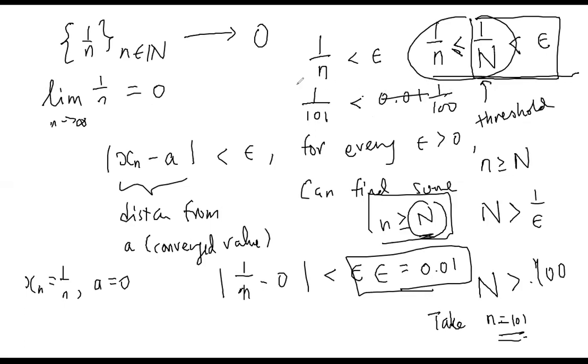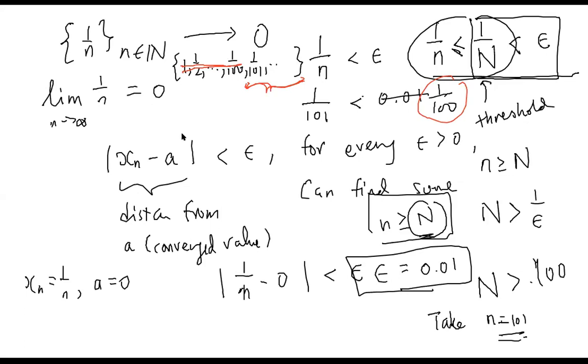less than 1 over 100, which is saying that if you have this sequence of numbers up to here at 101 and so on, these beginning ones have their distance from 0 larger than 1 over 100, if you set your epsilon to be 1 over 100. But starting from this tail onwards, their distance to A will be less than your epsilon.